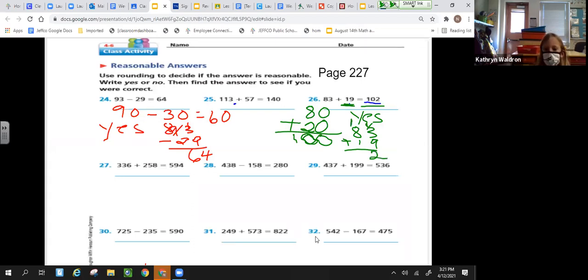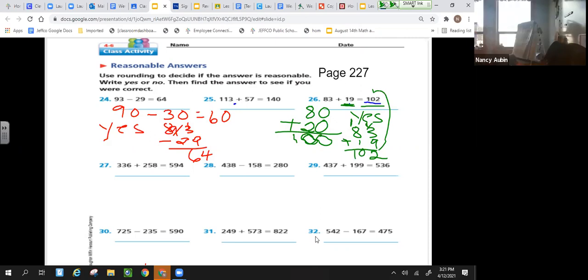So put the 2 and then put 1 on the 8 and then you get 10. Were we right? Was it reasonable? Yes, no, maybe. How many of you agree with Katie? Nice explanation, Katie. Good job.